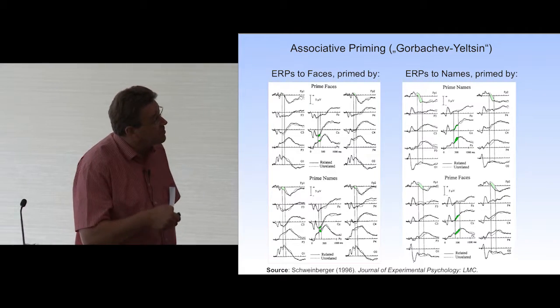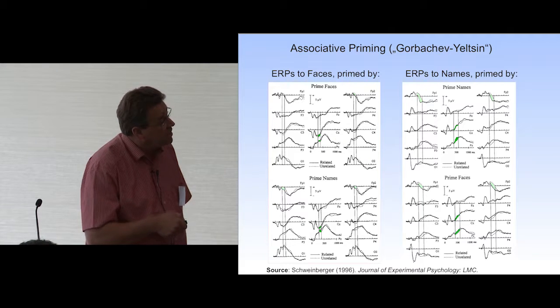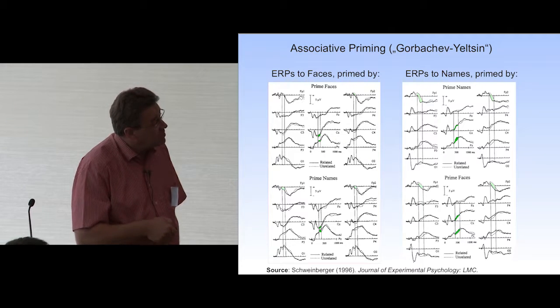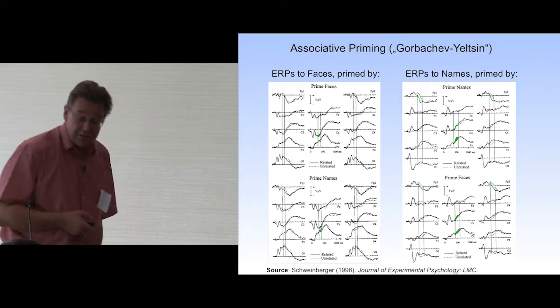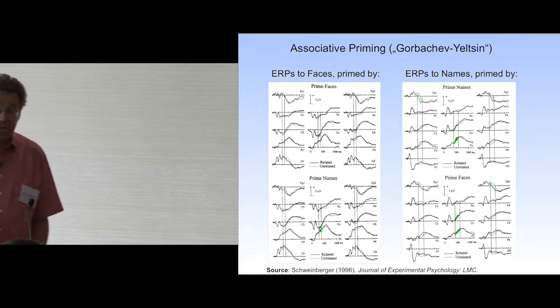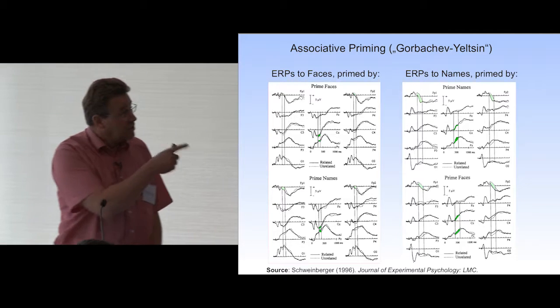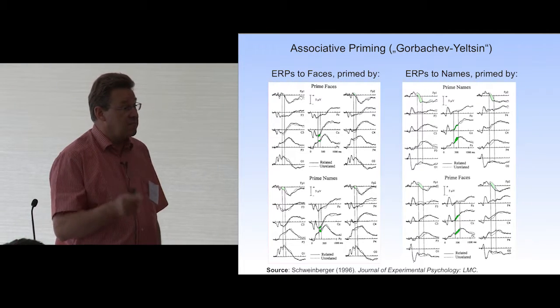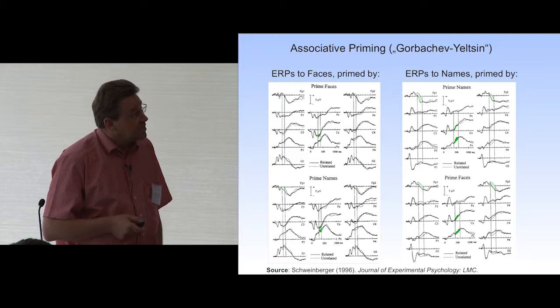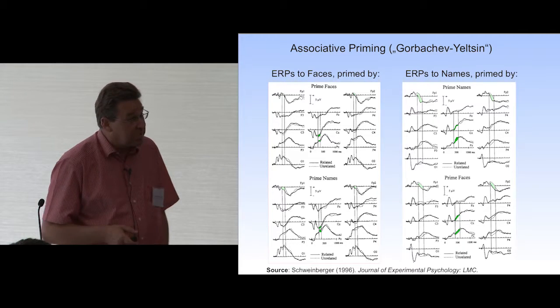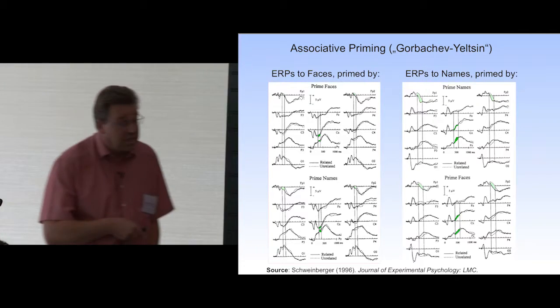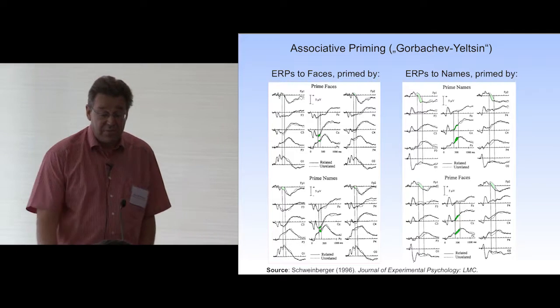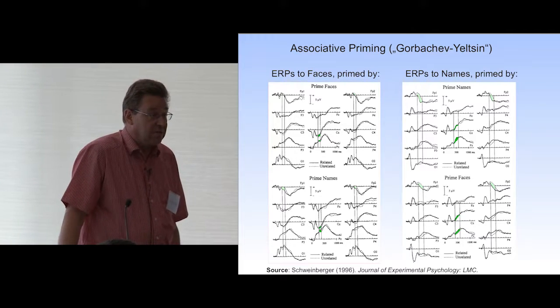So on the left-hand side you have ERPs to target faces, which were either primed by prime faces within domain or primed by celebrities' names cross-domain, and you see the same N400 modulation. On the right-hand side you see entirely the same experiment, except that the targets were now written names presented on the monitor, and you can see essentially the same N400 modulation.